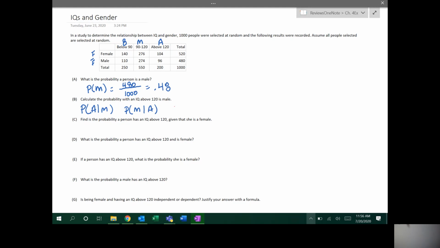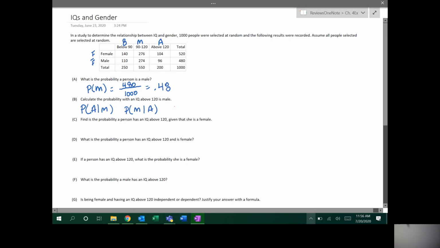The one that goes after the bar is the one that is given, is the one that you know is true. Here in part B, this isn't just any old person. This is a person with an IQ above 120. So we're looking for the probability that it's a male given that the IQ is above 120. Now, since it's given A, we're only going to be using the A column to pull numbers.